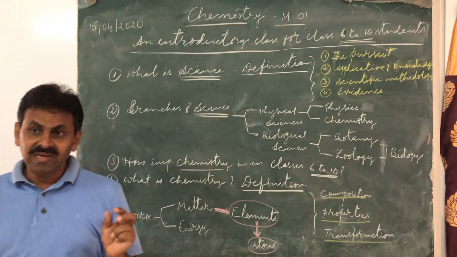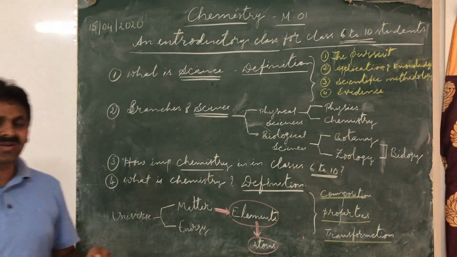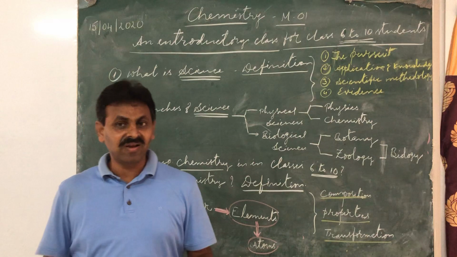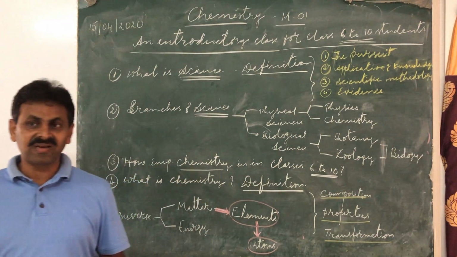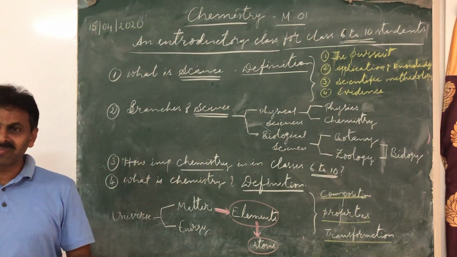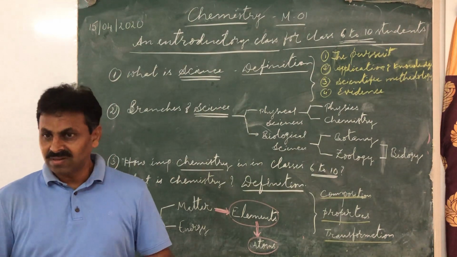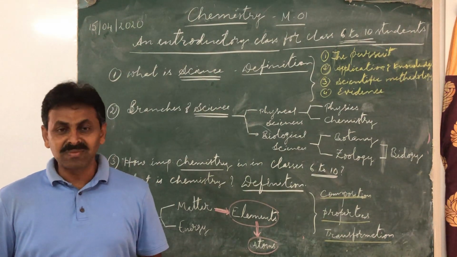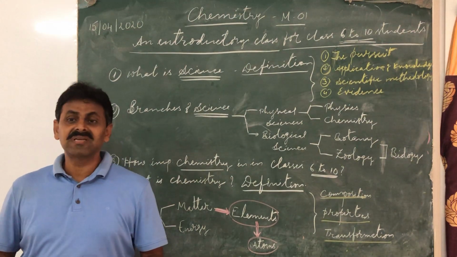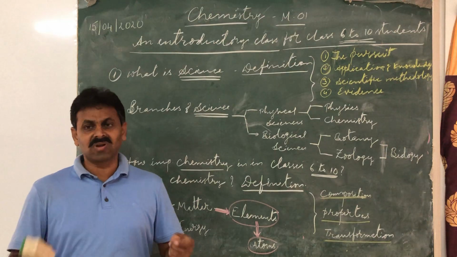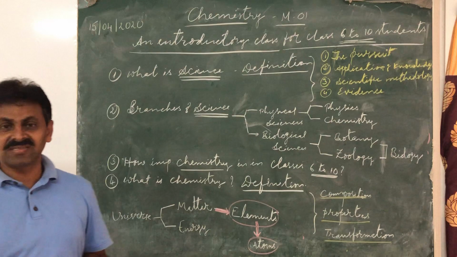I repeat again: observation, correlation, experimentation, collection of the data, interpretation of the data, analysis of the data, followed by sometimes critical analysis of the data, then repetition of the experiment and checking whether others are also getting the same result, and then establishing certain facts or rules or principles or laws on the basis of absolute evidence.